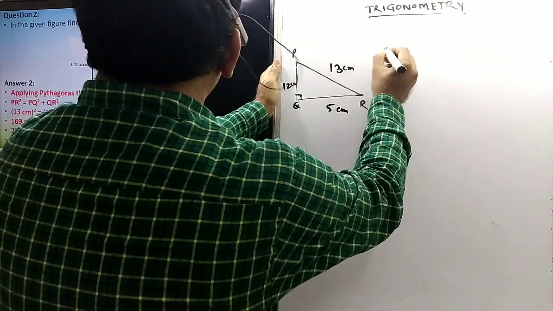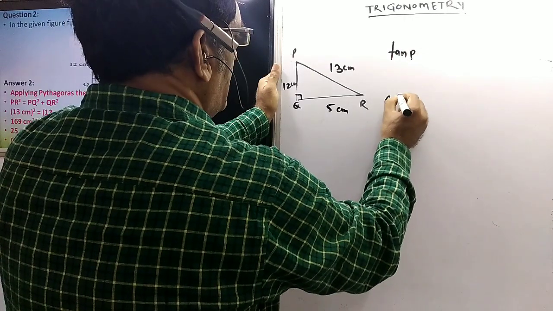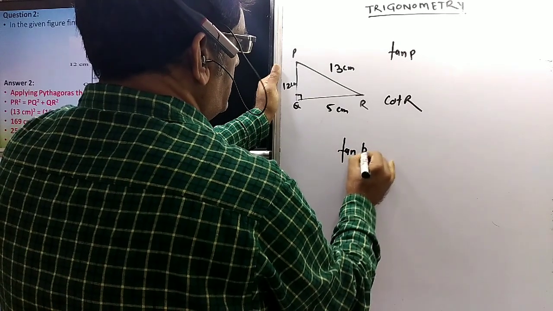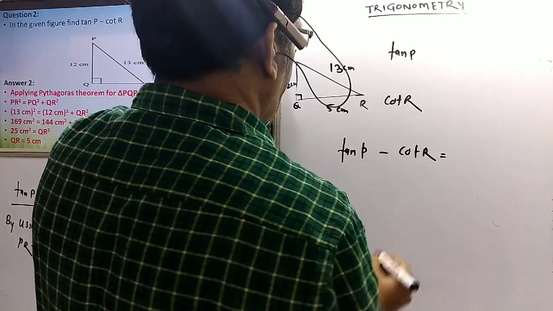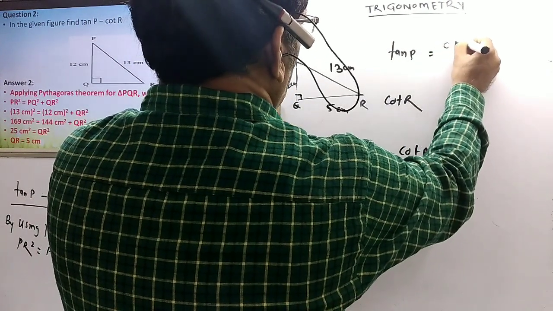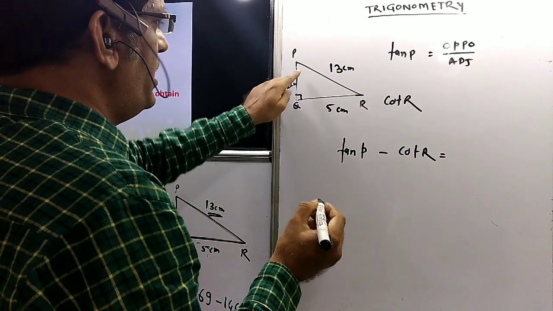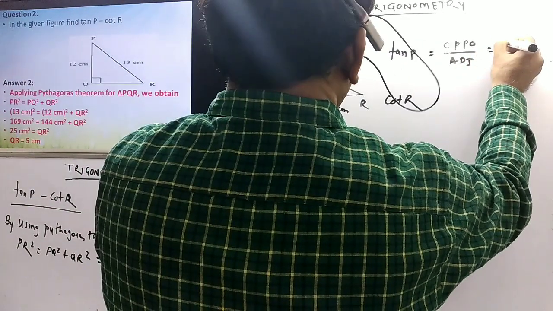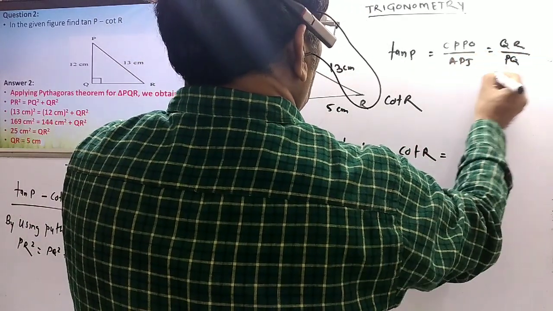First we have to find tan P, next we have to find cot R, and then we subtract tan P minus cot R to get the answer. Tan P is opposite side by adjacent side. With respect to angle P, the opposite side is QR and the adjacent side is PQ.